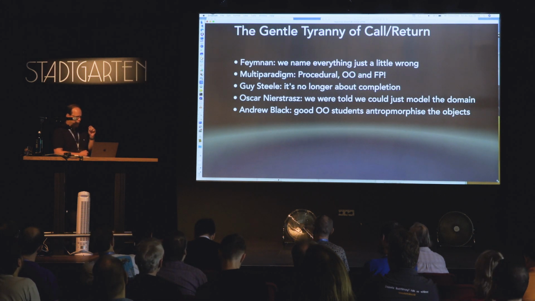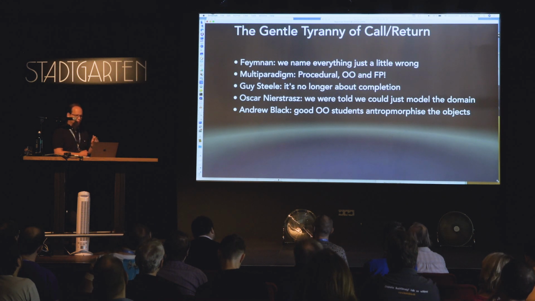Andrew Black, this is well known in the community, but he really put a finger on it. He said you know a student of object-oriented programming will be good when they start anthropomorphizing their objects. Right? They're no longer thinking about the program, but about the running objects.